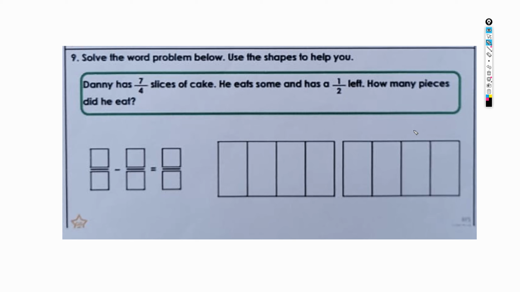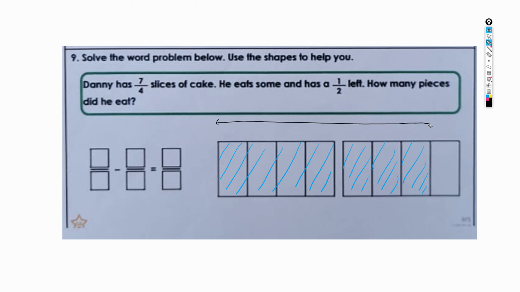So what we will do is shade in seven of them. This is four of them, and that's five, six, and seven. A good habit to get into is to label everything.